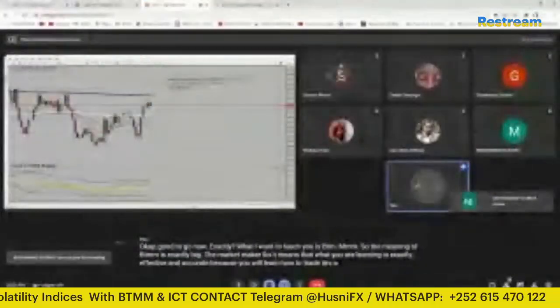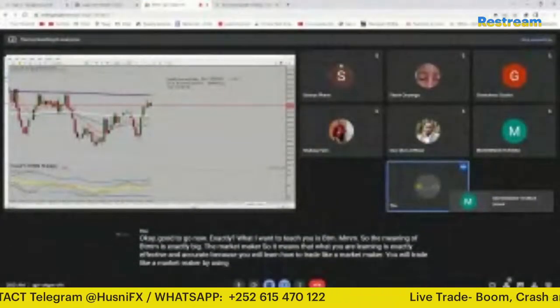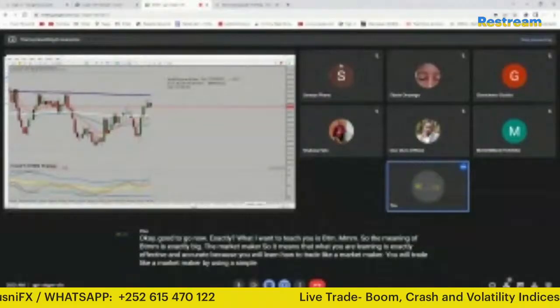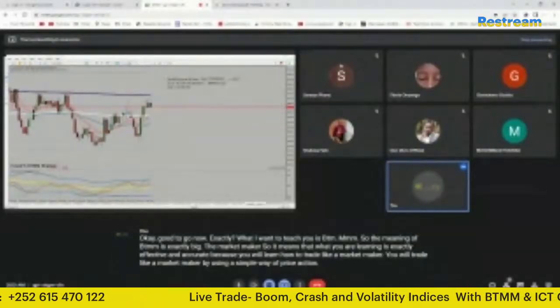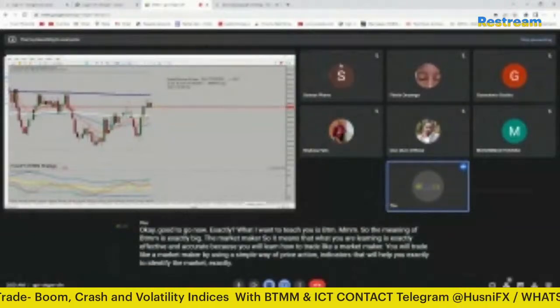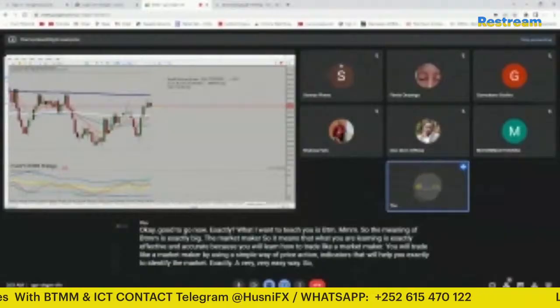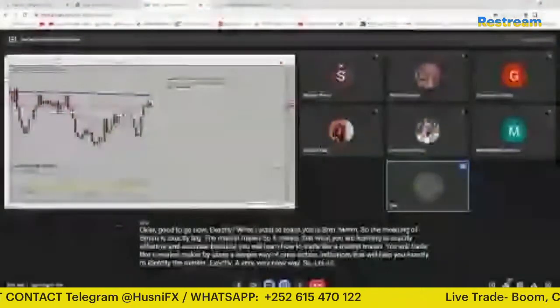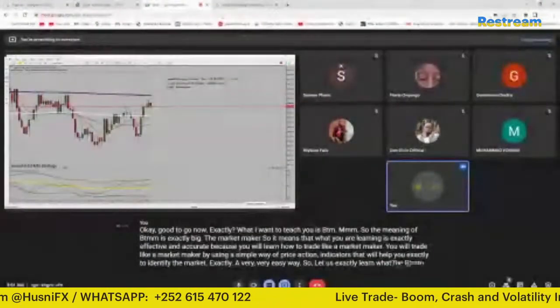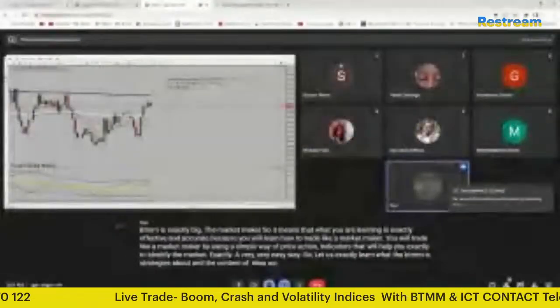You will trade like a market maker by using a simple way of price action indicators that will help you identify the market in a very easy way.